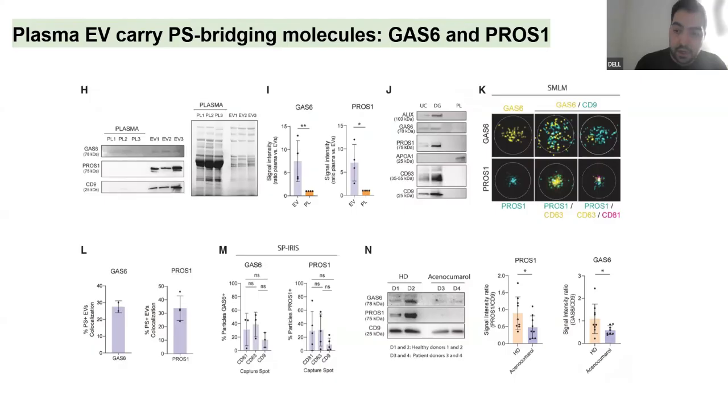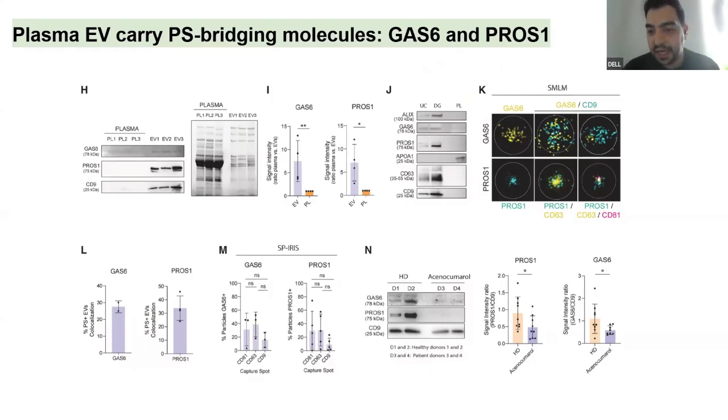And this was confirmed in highly purified EVs obtained by a combination of size exclusion chromatography with iodixanol density gradient, where GAS6 and protein S were detected together with the EV markers CD63 and CD9, but not with ApoA1, excluding plasma protein contamination.